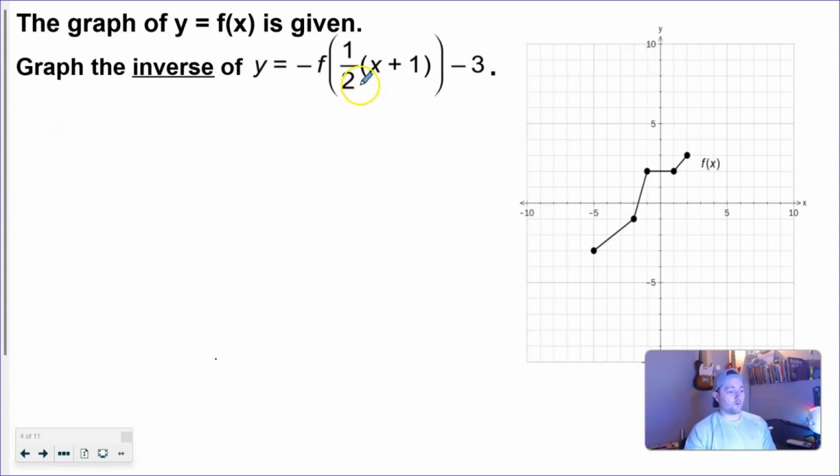So the first thing I normally would do is check for the double brackets. We've got to make sure that our transformation has a double set of brackets. What I mean by that is that this 1/2 is separated from the x with a bracket, so there are two sets of brackets inside the f: the brackets that the f owns, and then the brackets in here.